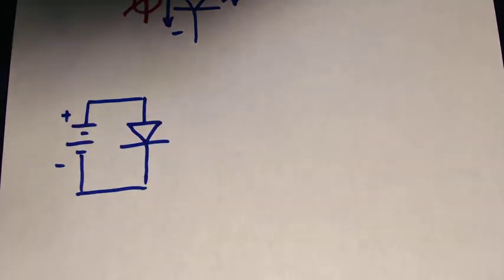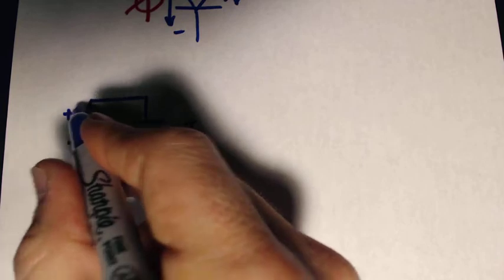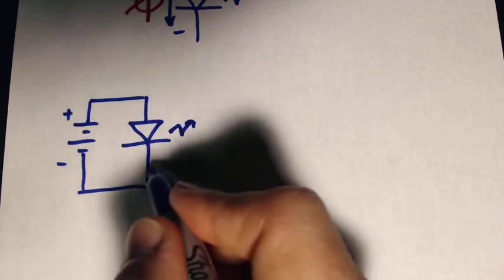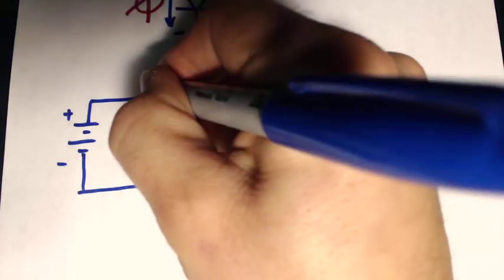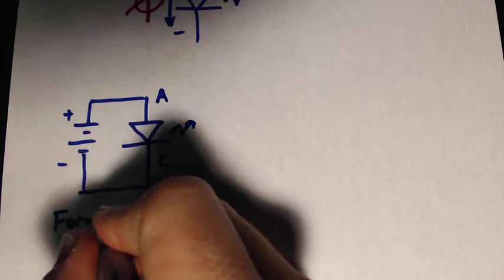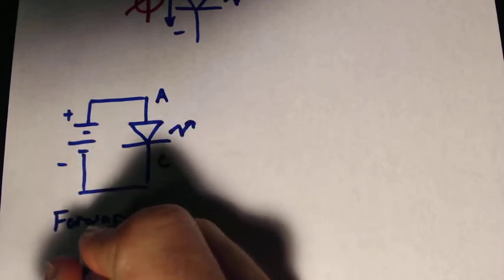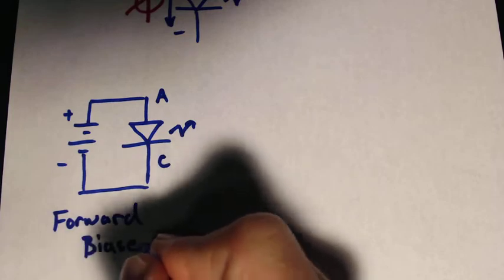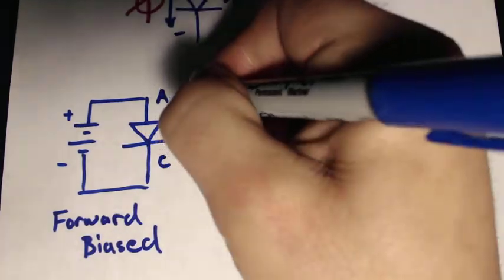And in this case, we have applied the positive to the anode and the minus to the cathode. And so in this case, we are forward biased. And so, yes, we do get light coming off of this.